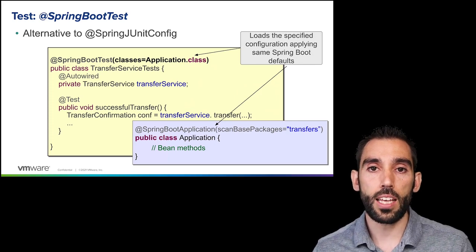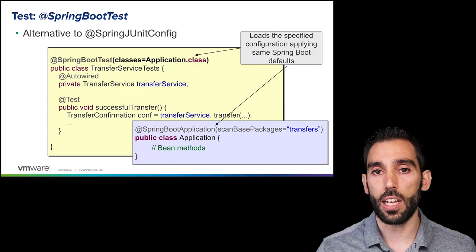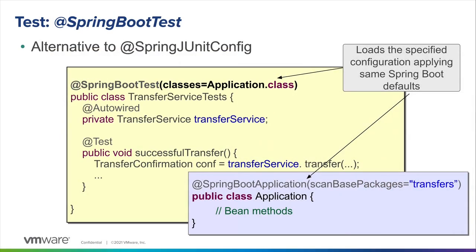Now we'll change the annotation to @SpringBootTest, and notice how the @SpringBootTest annotation allows you to define the entry point to your application. This classes attribute points to the application class, in that case, that will be annotated with @SpringBootApplication. Remember that a Spring Boot application enables the auto configuration.